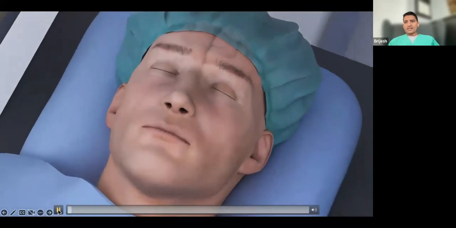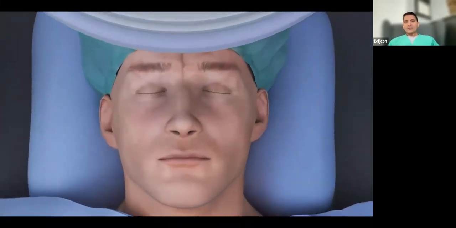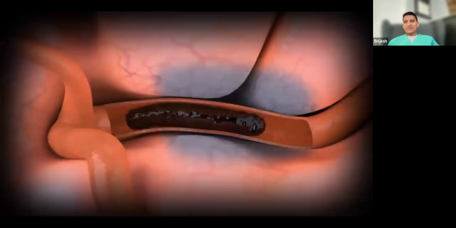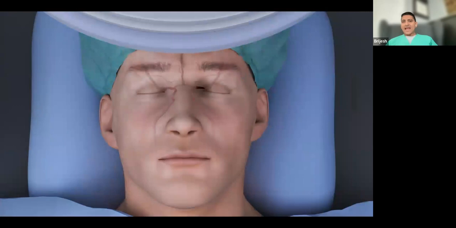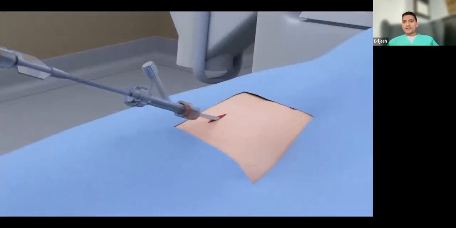So I'm just going to show this animation of how this works. This is a treatment that's performed in the cath lab when the patient arrives to the emergency room. And if we have the actionable information from paramedics, we're able to act quickly, mobilize our cath lab teams, just like how cardiologists are able to intervene for a STEMI.